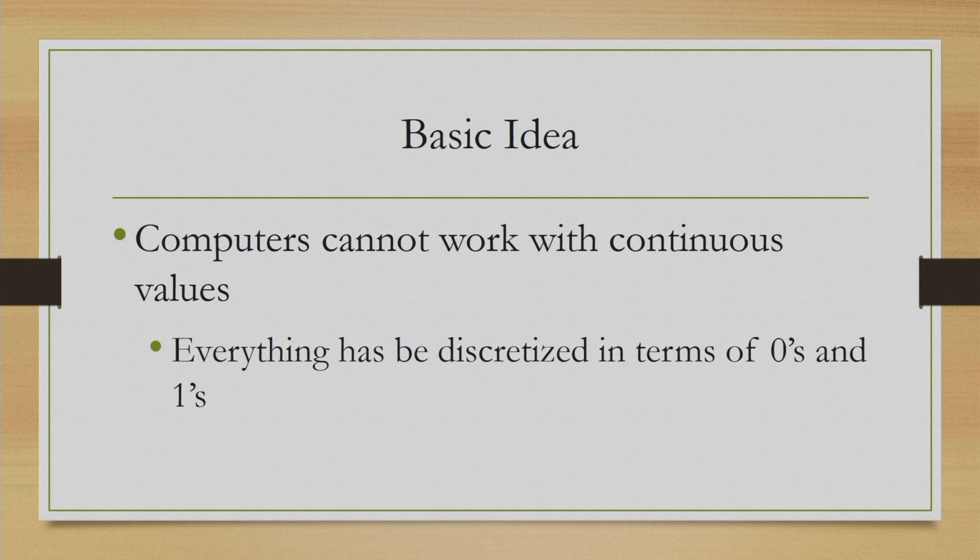So, we need some method, some way to map these continuous values to strings of zeros and ones, or digitize those continuous values. Otherwise, the computers will not be able to deal with those values.